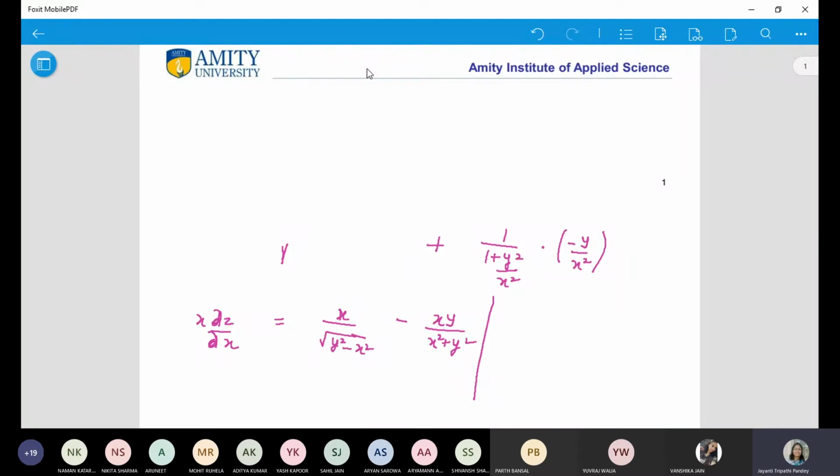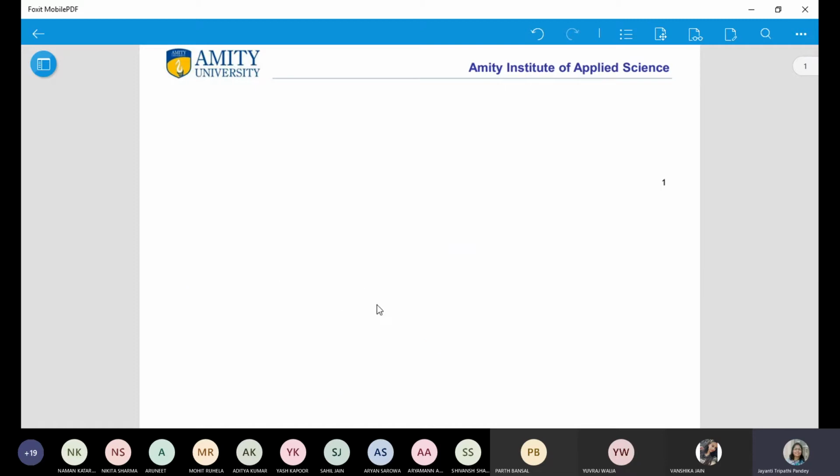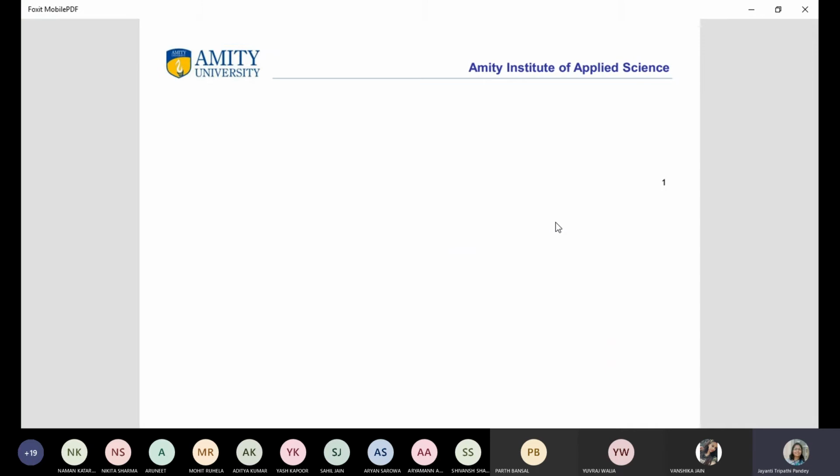Note down a question. Verify Euler's theorem.